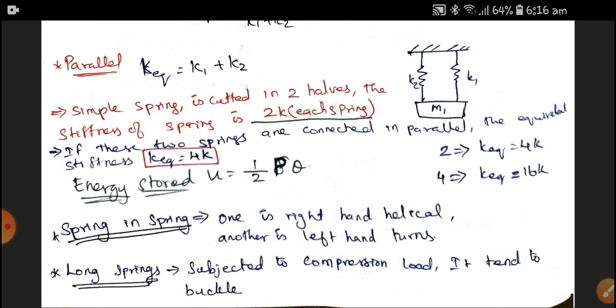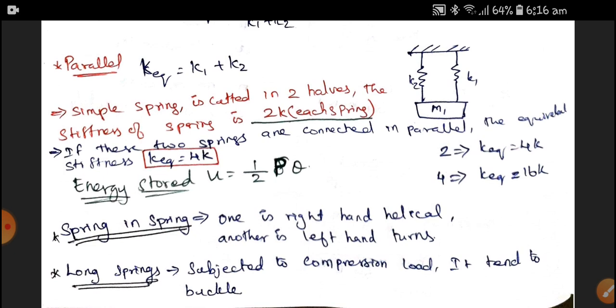Whereas next, long springs subjected to compression load tend to buckle. This is a very important thing. If you have a chance to open the bike front fork, you can see a very large open coil helical spring. Without the pipe, what will happen? It tends to buckle. Without the external pipe, it tends to buckle.